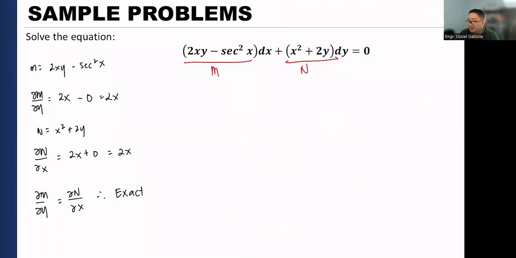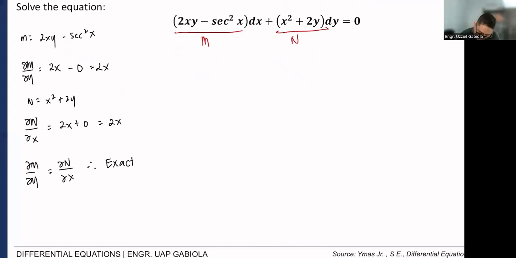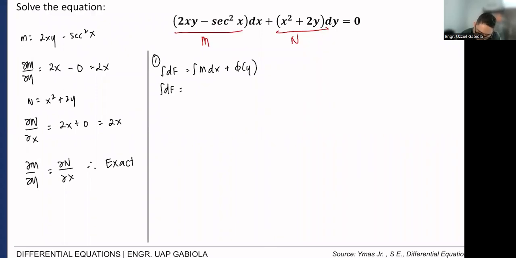Ngayon, perform natin yung apat na step. So we have yung first step natin, integral of df is equals to integral of m dx plus phi y. So df is equals to 2xy minus secant squared x dx plus phi y.